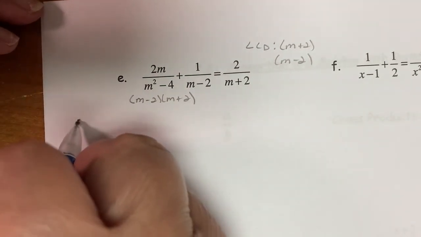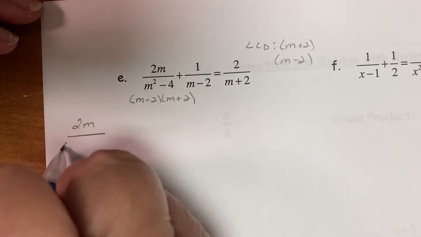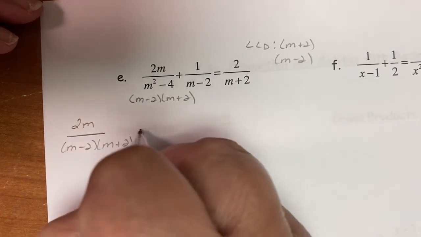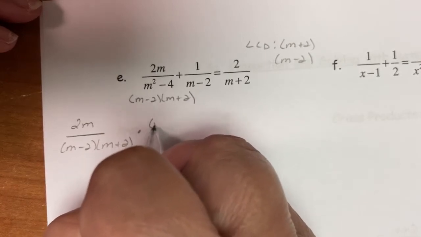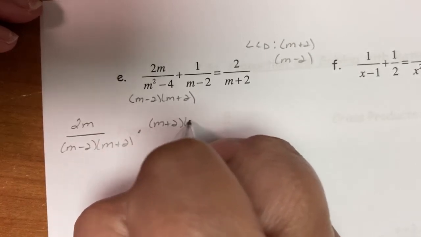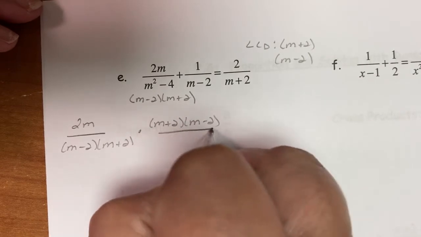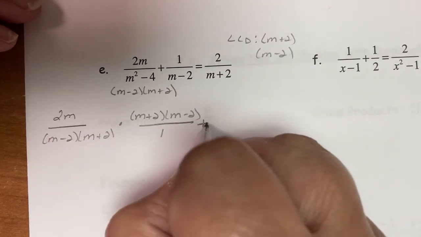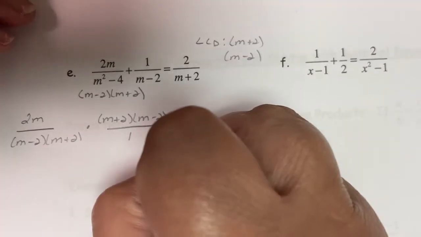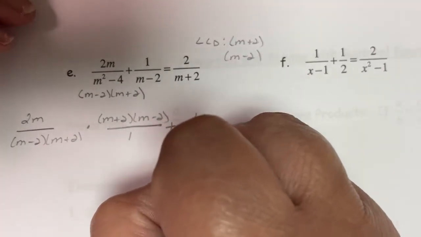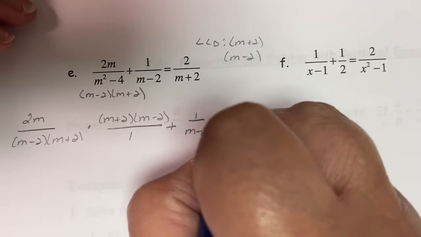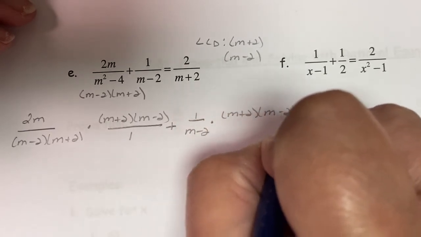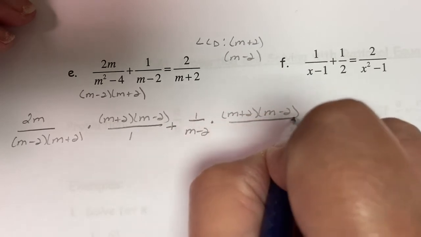So we're going to have 2m over m minus 2 times m plus 2, and we're going to multiply that by m plus 2 times m minus 2 over 1, plus second one, we have 1 over m minus 2, and we're going to again multiply that by m plus 2 times m minus 2 all over 1.